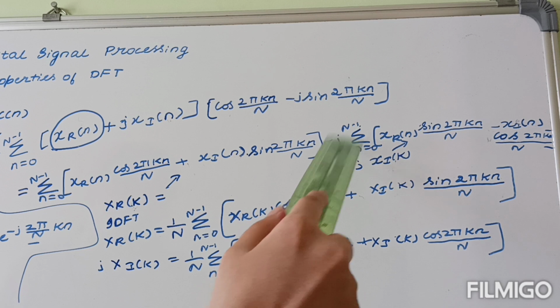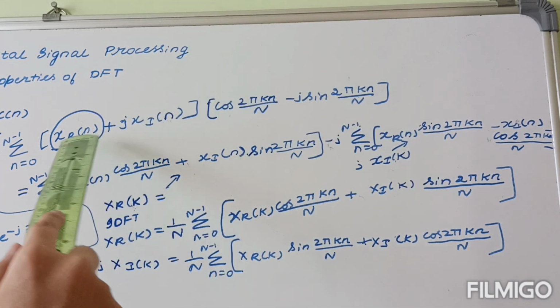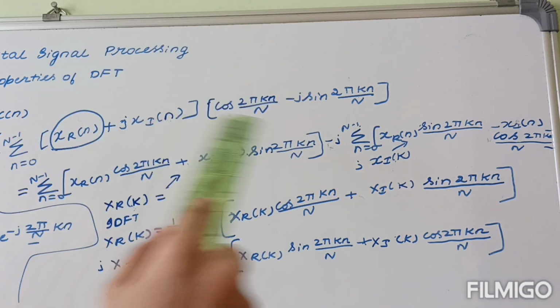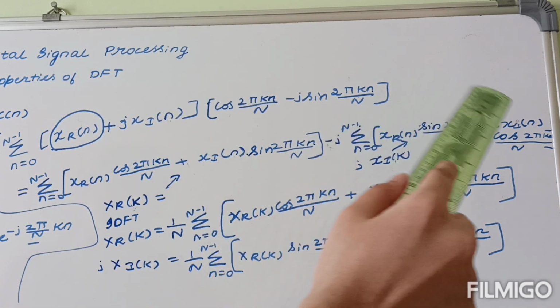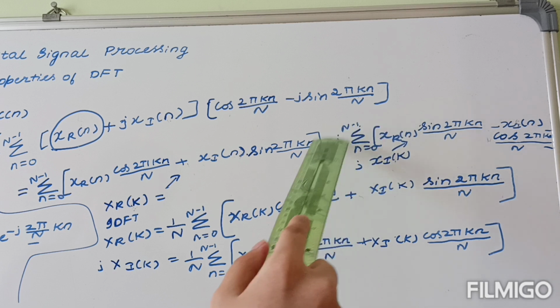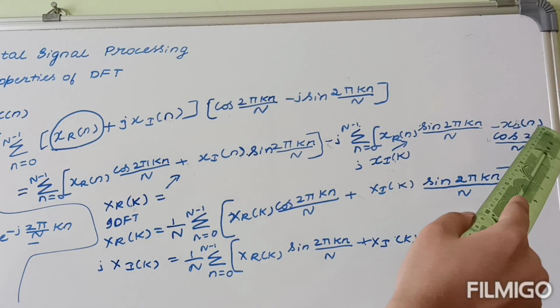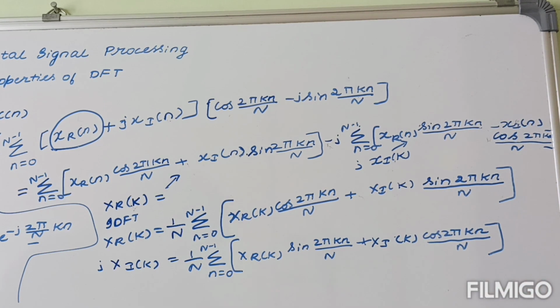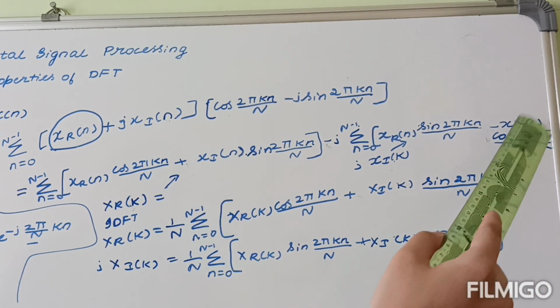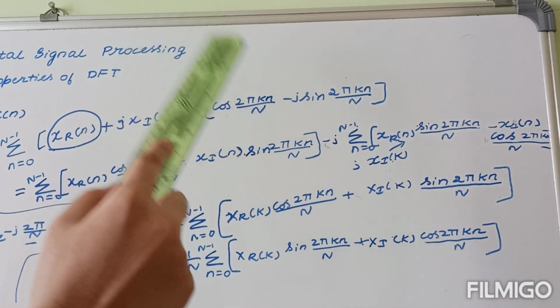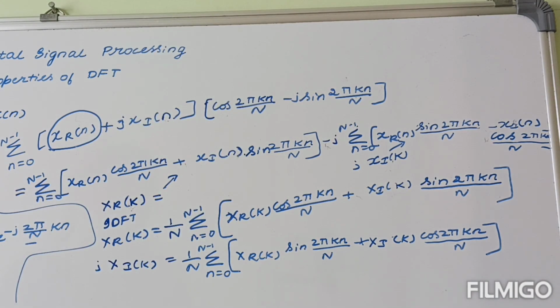Because if you multiply minus j to this, you get xr of n into minus j sine 2 pi kn by N. But here, if you multiply minus j to this particular term, minus of minus becomes plus. So I get plus xi of n into cos 2 pi kn by N, that is, plus jxi of n into cos 2 pi kn by N. That is what we are getting.